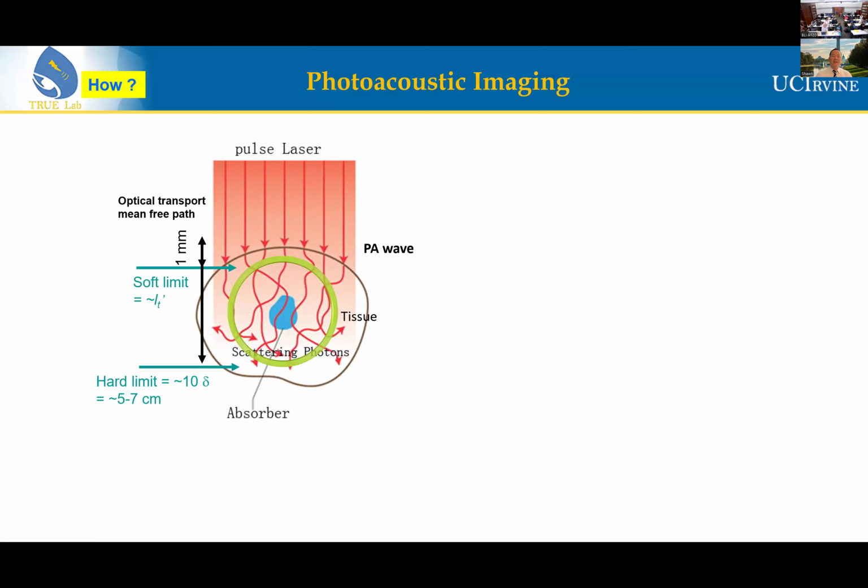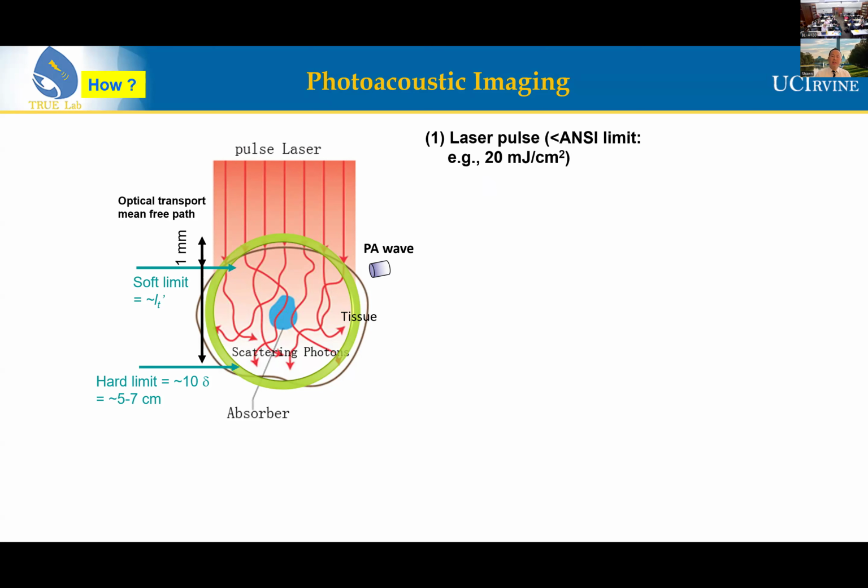So photoacoustic imaging really is just using laser to produce ultrasound for imaging. It's just that simple. Whenever you apply a laser beam, it's supposed to be a cartoon, it's going to produce an ultrasonic wave. That wave is going to propagate, reach the surface of the patient, and then you can use a transducer to pick it up and use this for imaging.